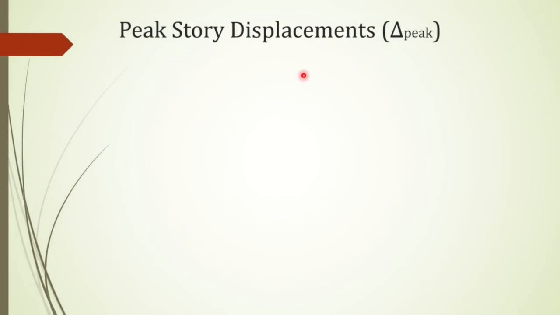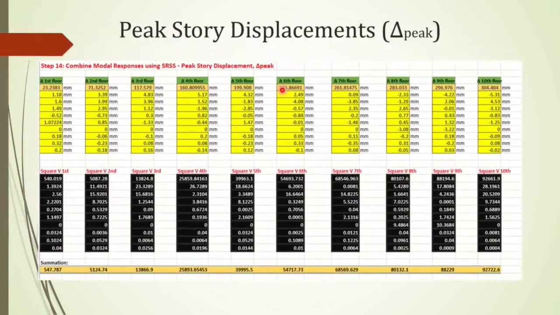Next, peak story displacement or the delta peak. Now, to get the value of delta peak, same po siya sa process ng pagkuha po natin kanina. We will use the square root of the sum of the squares. Gaya po kanina, no? We collected all the values of the displacement sa first floor in every mode. Ito po sila naka-column, no?